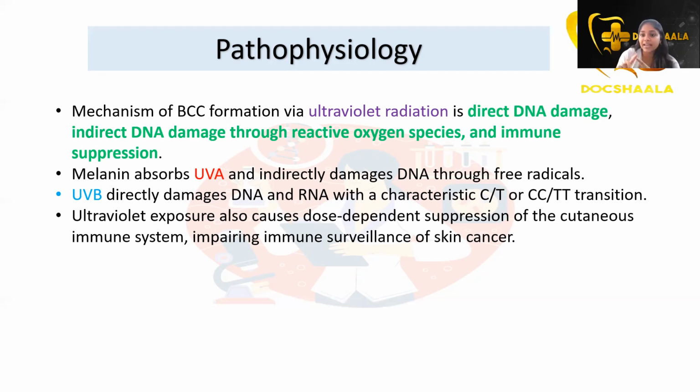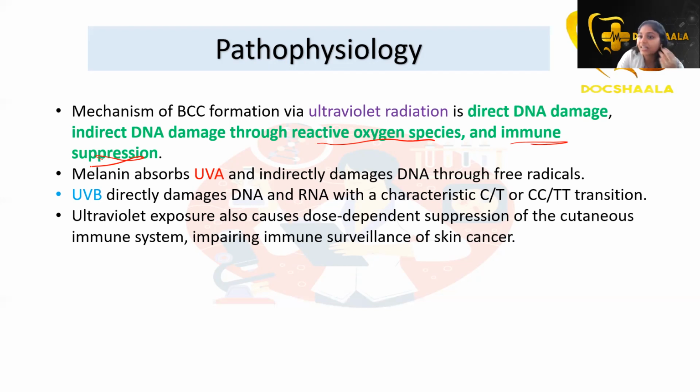So how does this direct or indirect DNA damage occur? Through reactive oxygen species and immune suppression. So these are the main key factors which help in formation of basal cell carcinoma. Then melanin: everybody of us has melanin content.